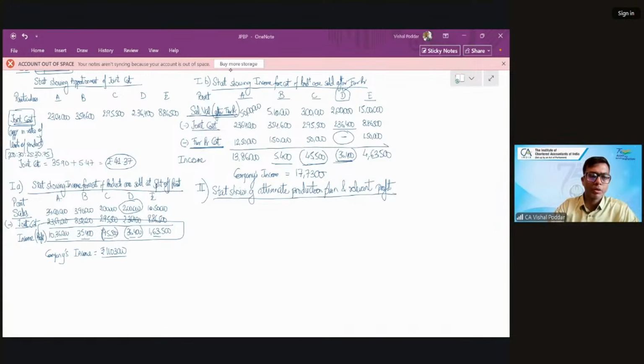Geeta is saying B income is 140,400. Riddhi Ben, just wait for a minute. Let me complete this. If I give too many things at once, it will be a problem.